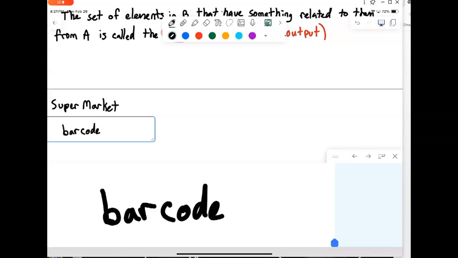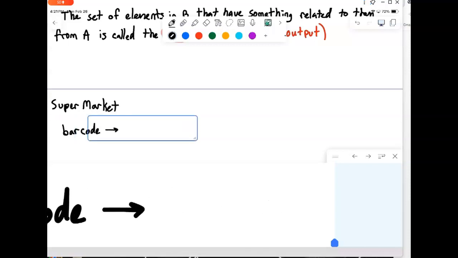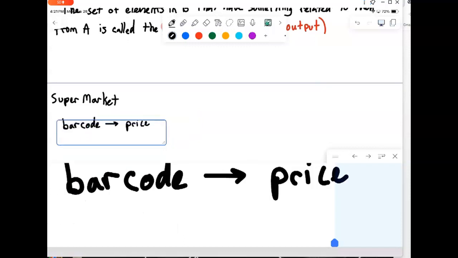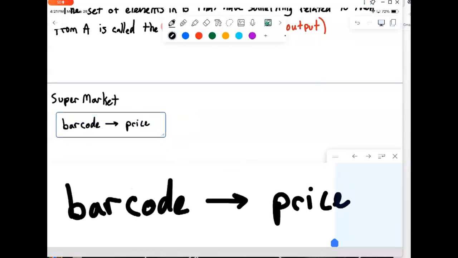And what happens at that supermarket is that barcode gets looked up by the computer and it spits out a price. Okay, so given a barcode, it spits out a price.